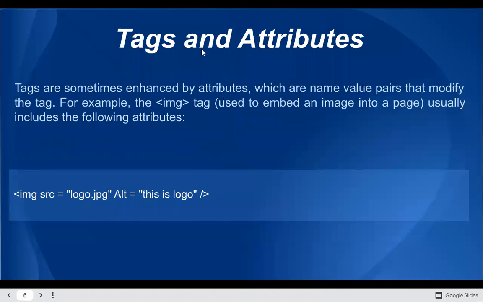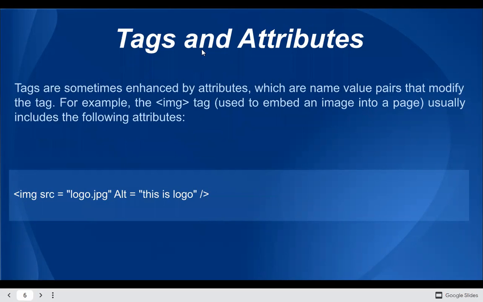Now, tags can have attributes. We understood in our previous lecture how an image is uploaded in an HTML document. The image is uploaded by having the source and the name of the image.